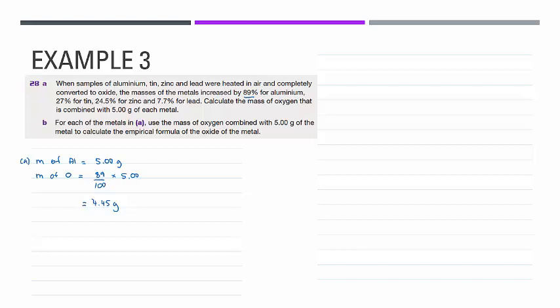And then for part B, we've got to work out the empirical formula for the metal oxide. So that's exactly the same steps as before. Now that we've got the mass of the two elements, we work out in what ratio the moles are. So putting that into a calculator, that works out to be 0.19 is to 0.28. Again, we can divide by the smallest number.